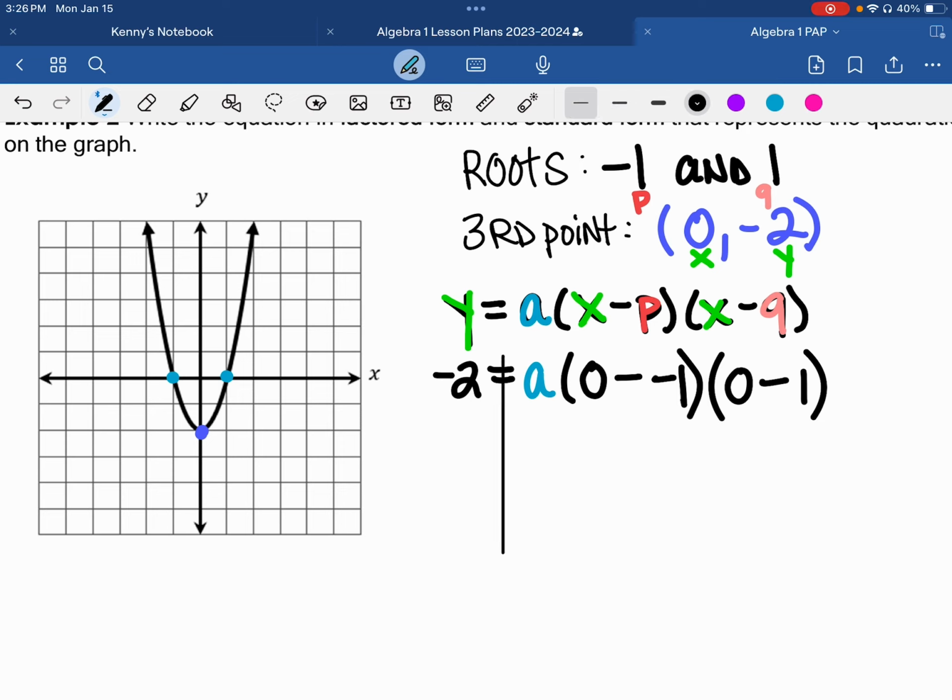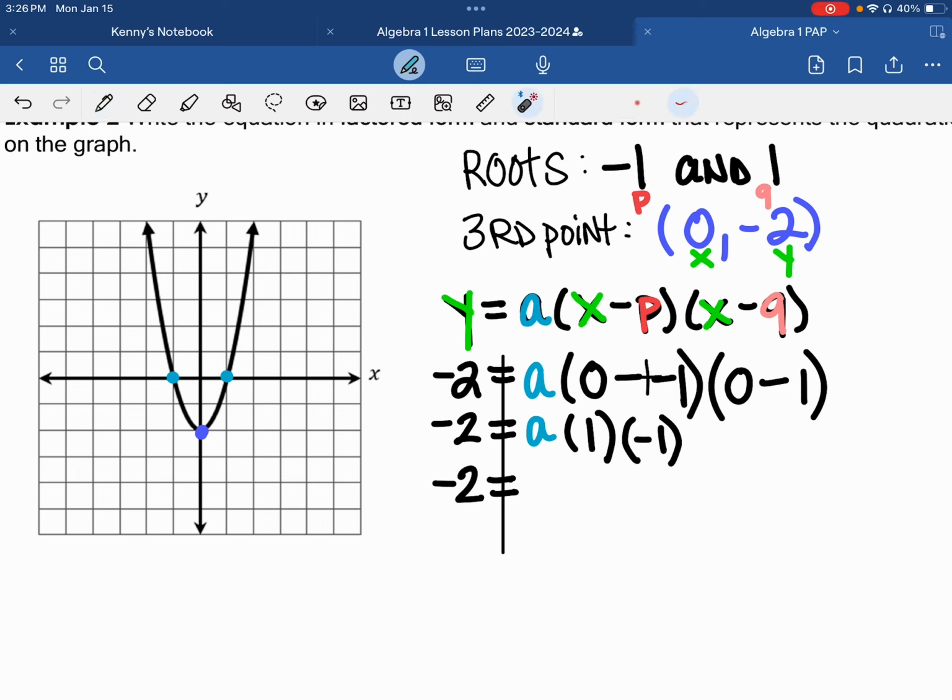All I've done so far is substitute. That's it. Now I'm going to solve algebraically. I'm going to clean up my parentheses. 0 minus -1. Remember, minus a minus changes to a plus, so it's 0 plus 1, or 1, and 0 minus 1 is -1. Now I'm going to multiply 1 times -1. 1 times -1 is -1.